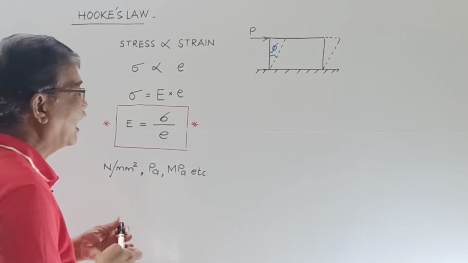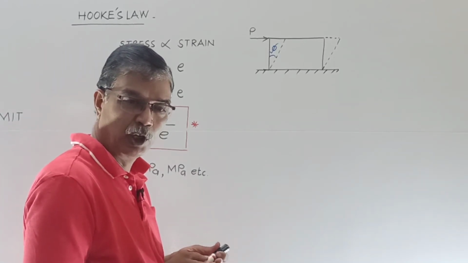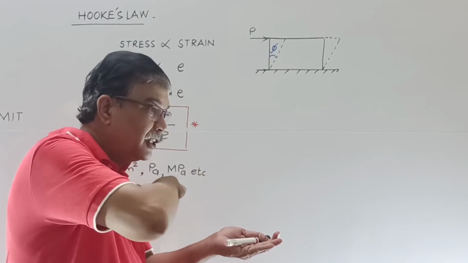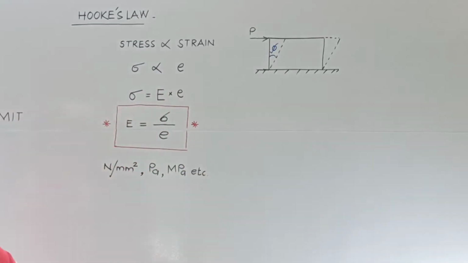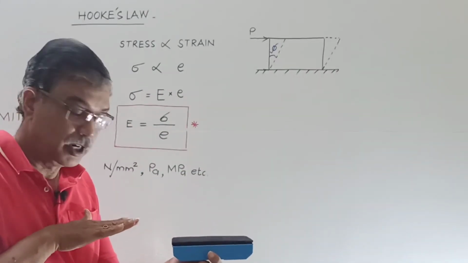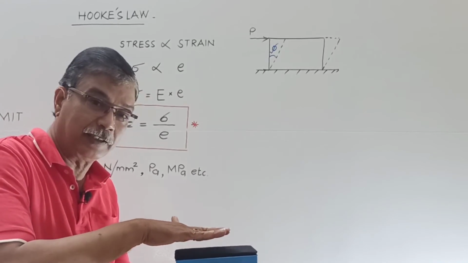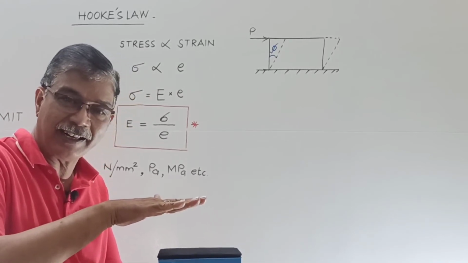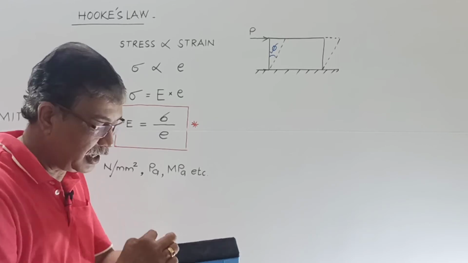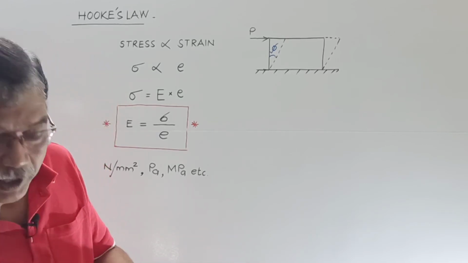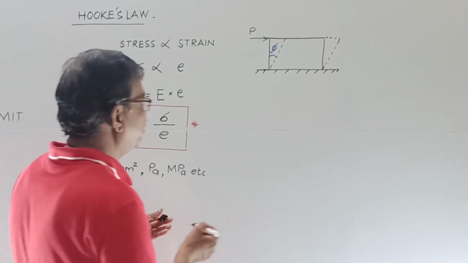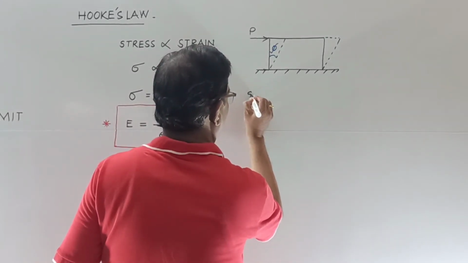Now P is the tangential load. So that tangential load upon that particular area, if I say this is the block, the load is acting like this. So what is the area resisting that tangential load is this area. Okay. So that will give you shear stress.